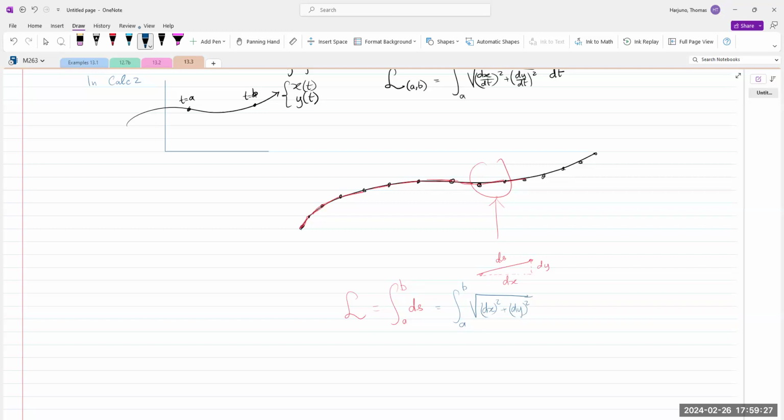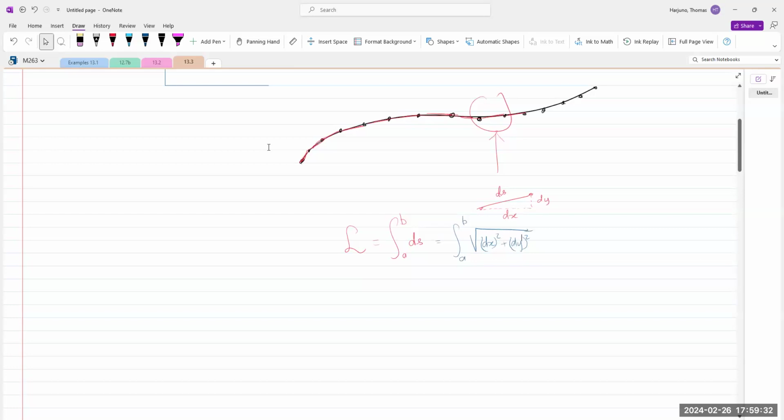Okay, now from here we have some different ways of expanding it.